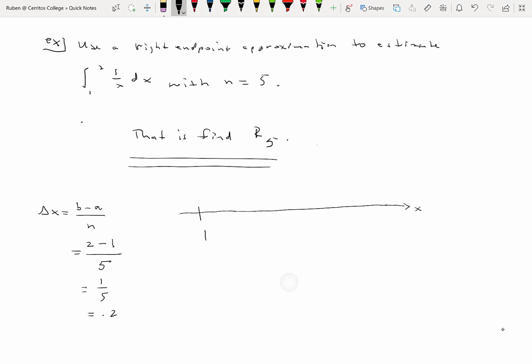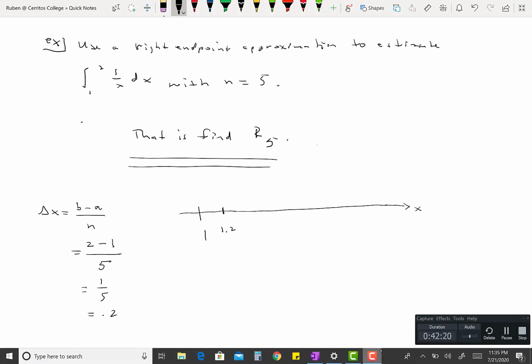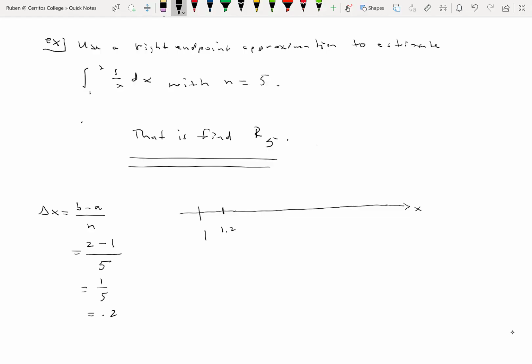So the first right-hand endpoint then will be, let me put it right here, a delta x away, 1 delta x, or 0.2 away from 1. Well, what's 0.2 away from 1? It's 1.2. So the next right-hand endpoint, in the second subinterval, is 1 delta x away from 1.2. Well, 1.2 plus 0.2 would give us 1.4.